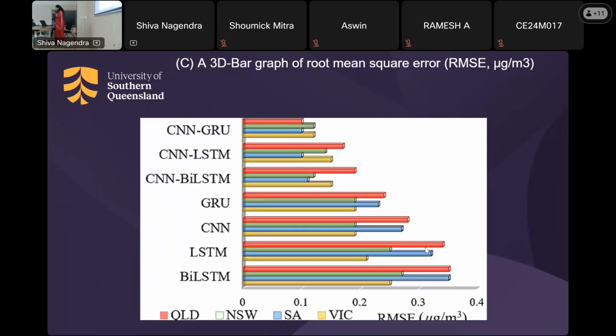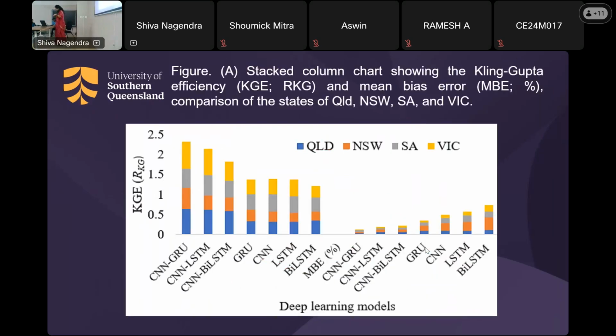If the root mean square error or the mean absolute error is less than 5%, that puts the model in the excellent category compared to the other models. This is a stacked column chart for the proposed model for different sites. The benchmark models will perform between 0.32 to 0.62 for Queensland, 0.21 to 0.35 for New South Wales, and then the rest of the models.